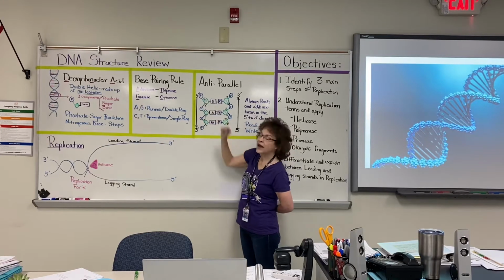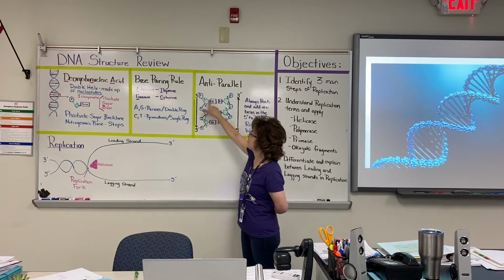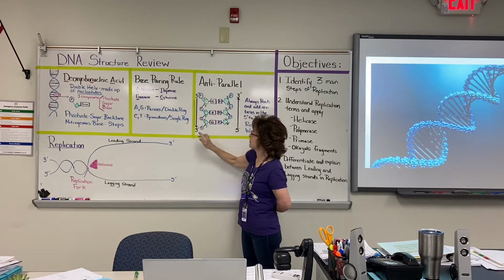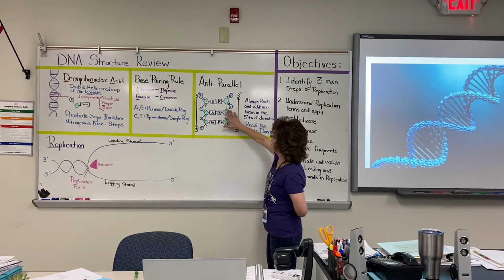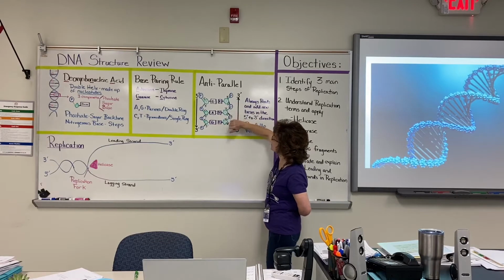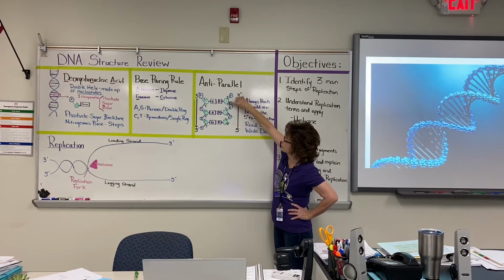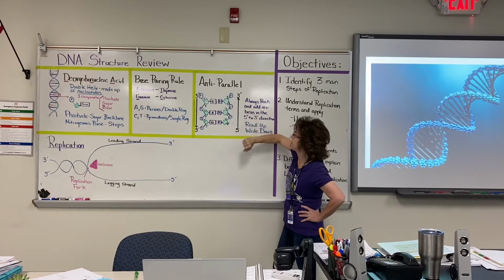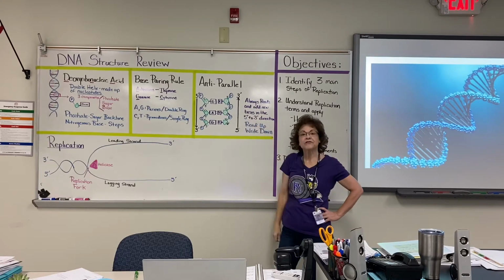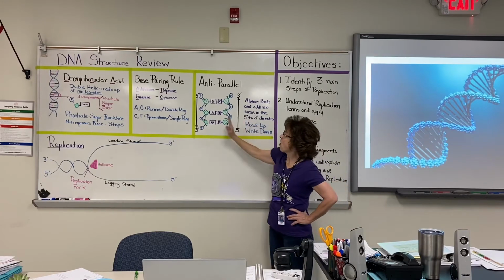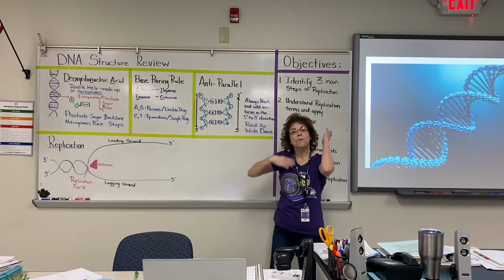And if you count the carbons on the sugar, we are going from the 5' to the 3' direction. Whereas if you see on this opposite side, can you see that my sugars are inverted or upside down? And now I am going from the 3' to the 5'. So they are mirrored images, but reversed.